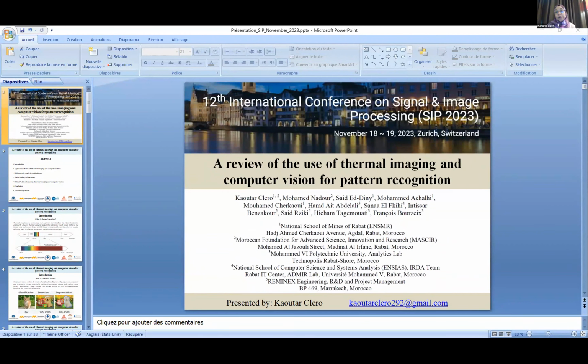For example, there are some articles that focus on the detection of the age and gender of people based on their infrared images. Some other studies are concerned by the classification of people that can have the COVID-19 issue.